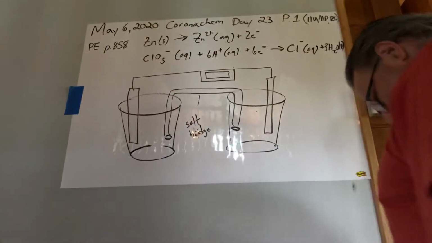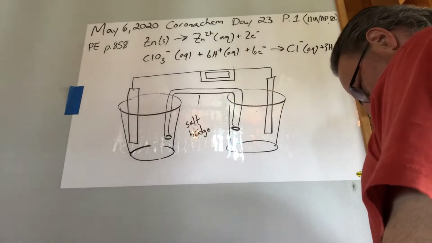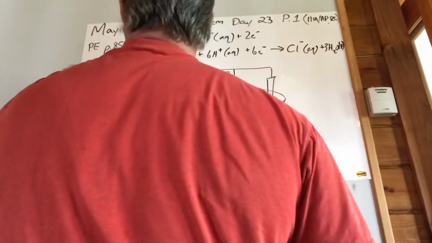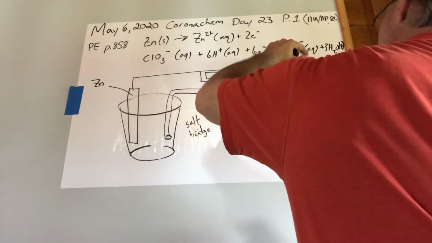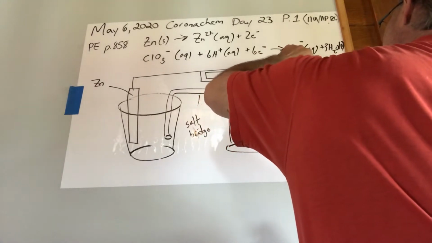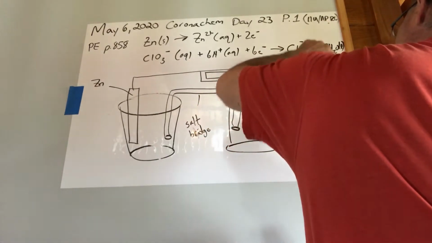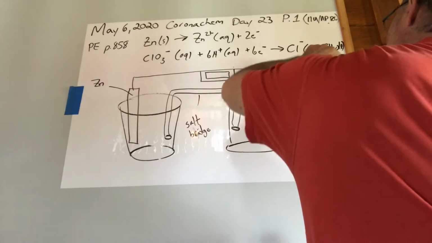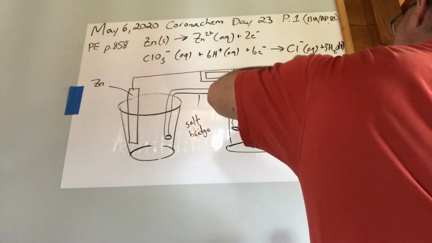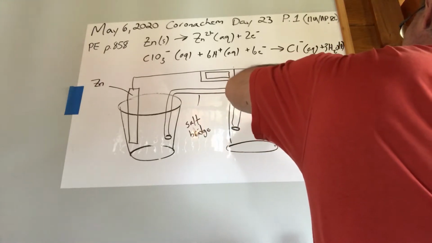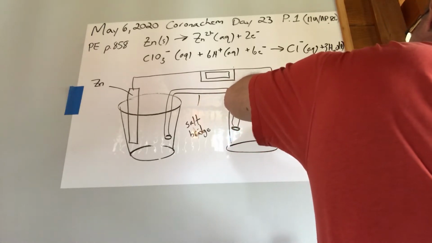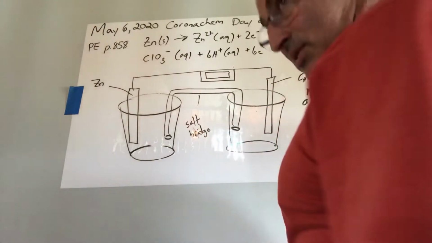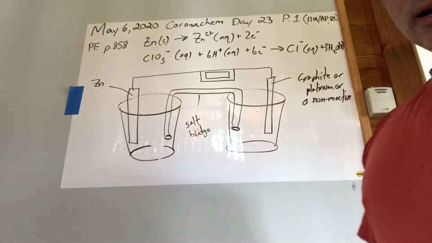In this case, I don't know if I even looked up the voltage, because that's not what this is about anyway. So this electrode turns out to be zinc. This electrode could be platinum or graphite or some other metal that's not reactive. If you can't afford platinum, you could always use stainless steel, because stainless steel has a high oxidation potential.